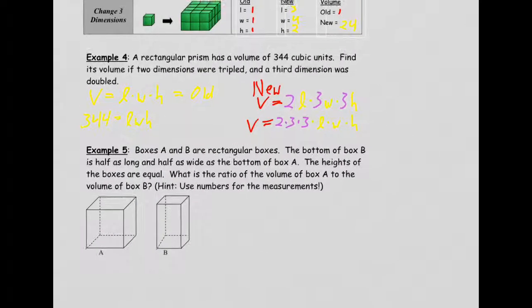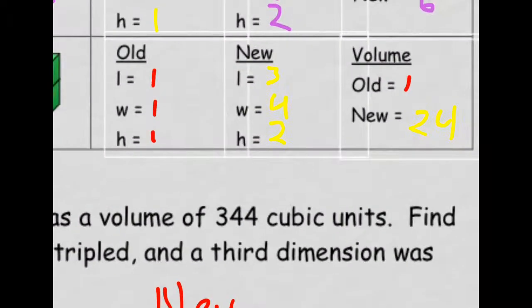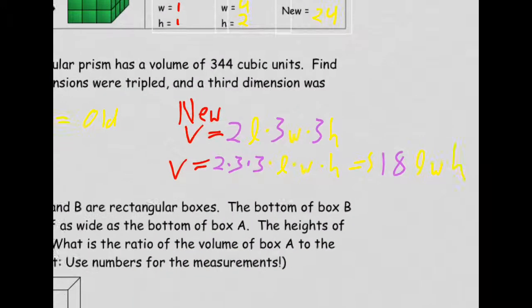Well, that equals 18 times length times width times height, right? Do I know what my length times my width times my height equals? Yes, I do. And just like when it was up here, the new volume is whatever you multiply the old sides by. It's the same here.